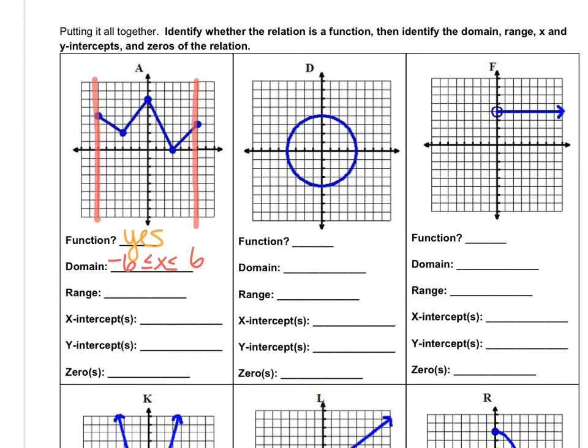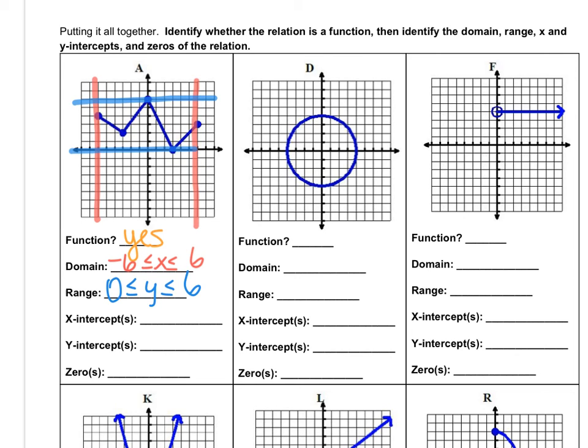So our domain is between -6 and +6. Our range, here's our floor and here's our ceiling. So our lowest point is 0 and our highest point is 6. So those are our domain and range.